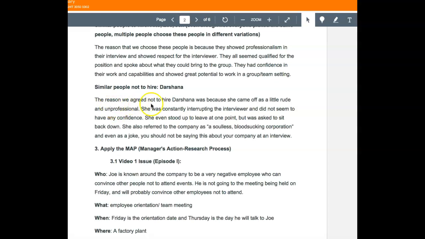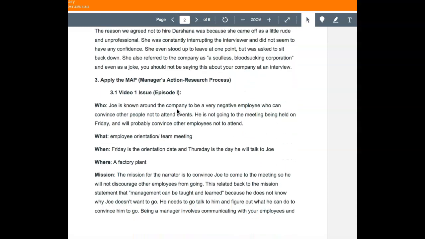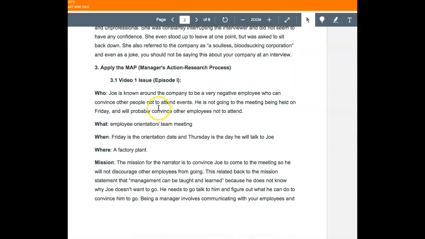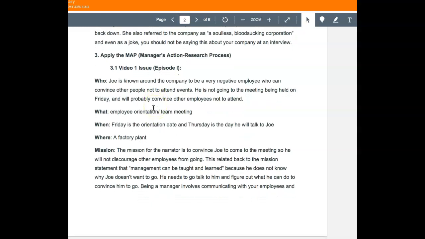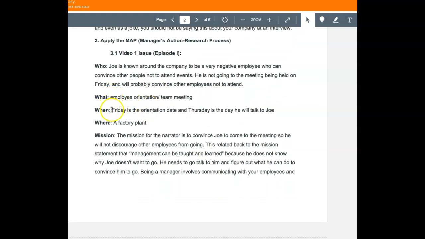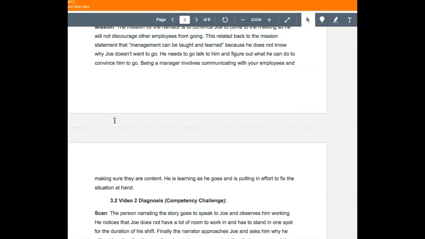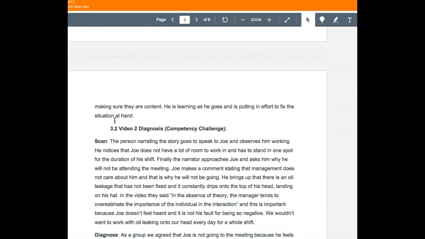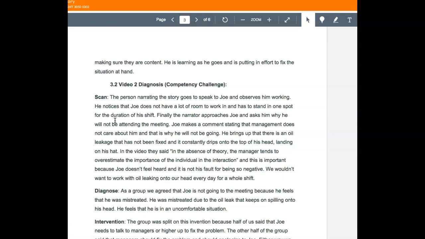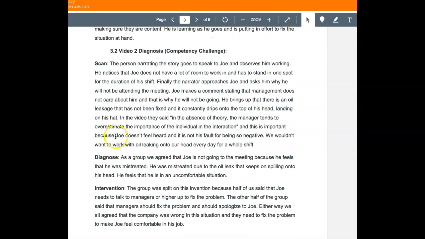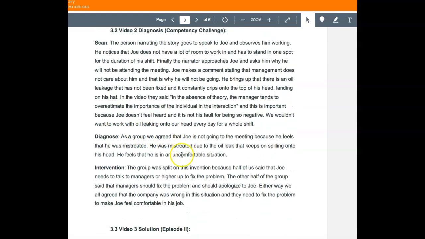So the reason we agreed not to hire Darshana, then down in the Oil Hat Joe scenario, they kind of did the who, what, when, where, the mission, and then they're down discussing from a group perspective. As a group, we agreed.